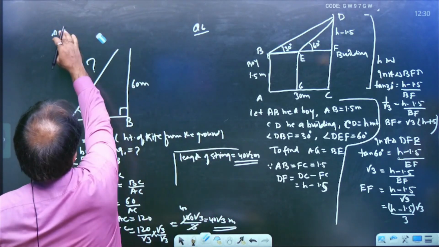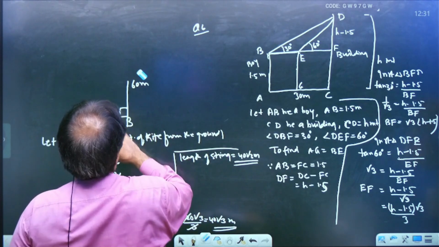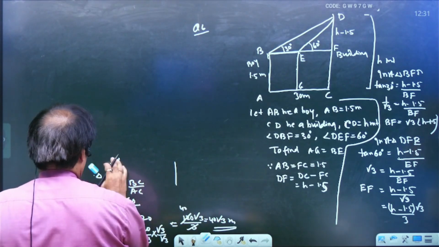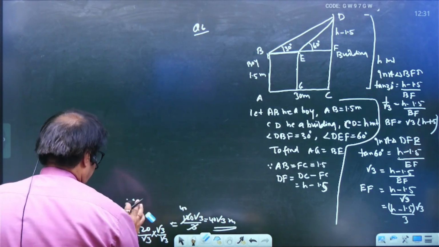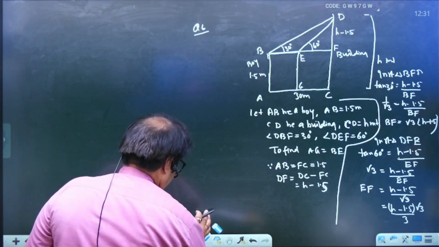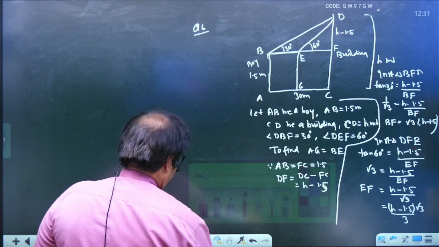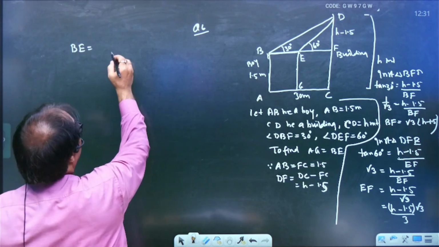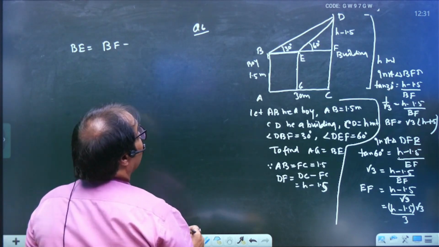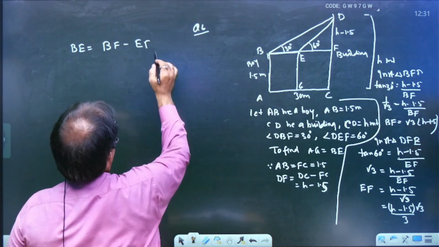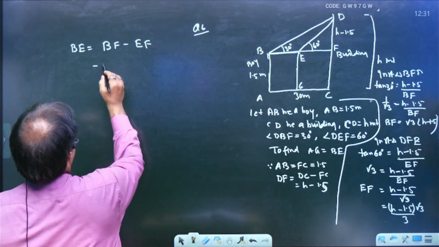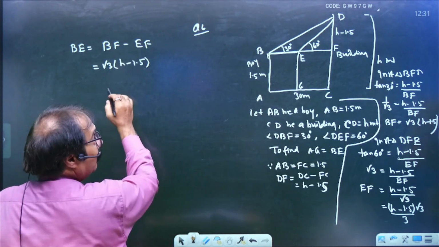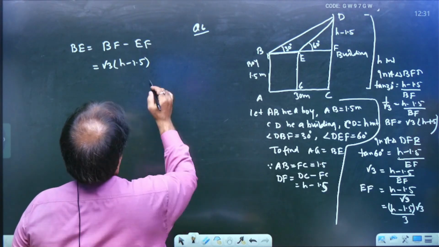Hence BE is equal to BF minus EF. The value of BF is root 3 into H minus 1.5, minus EF.